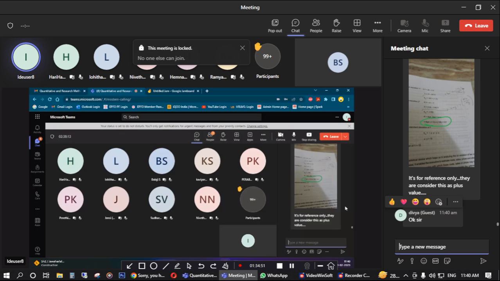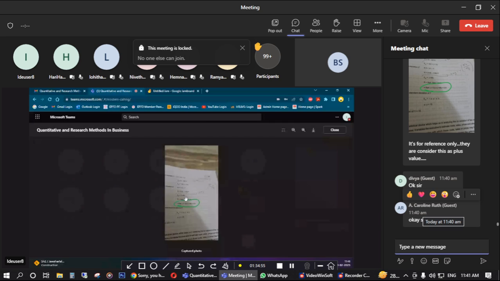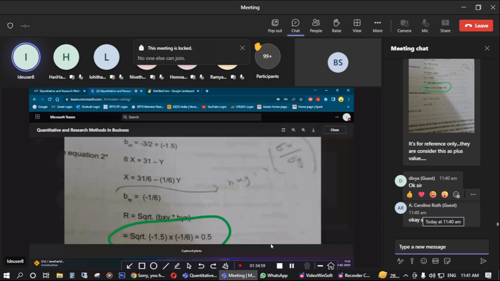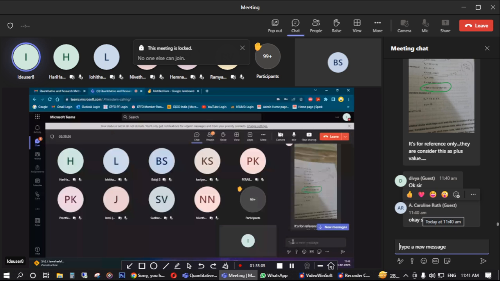They are considering this as a plus value. Let me just check. Which one there? Square root minus this one. Okay, see, I will tell you. There are close to 416 errors in the material, which I have corrected and given to the university.